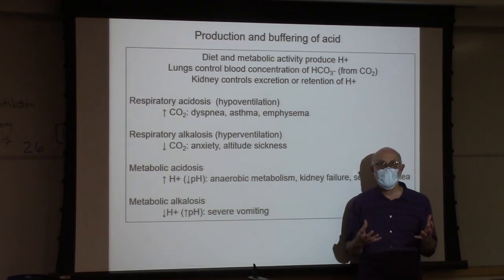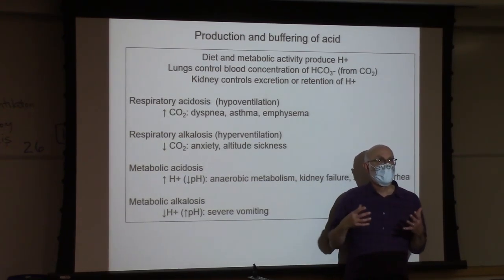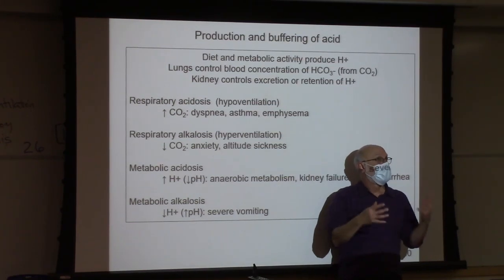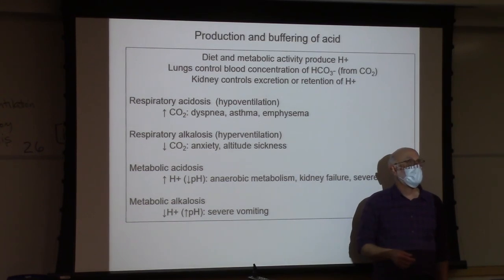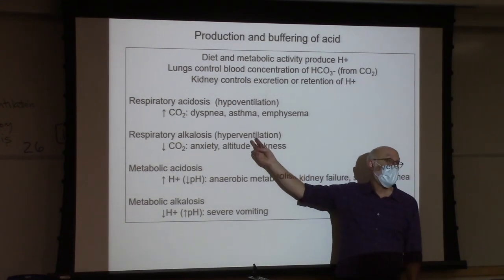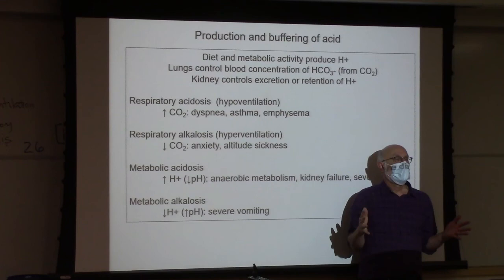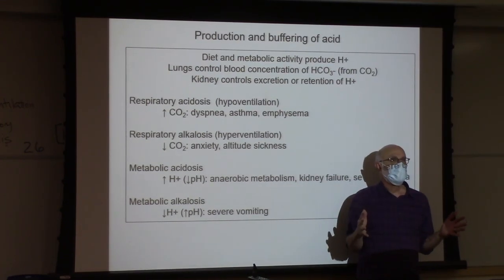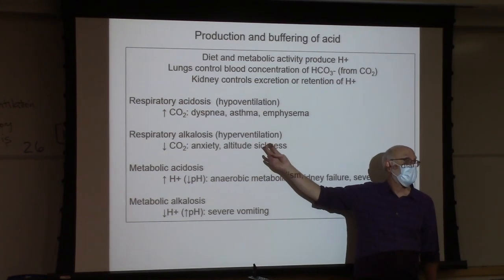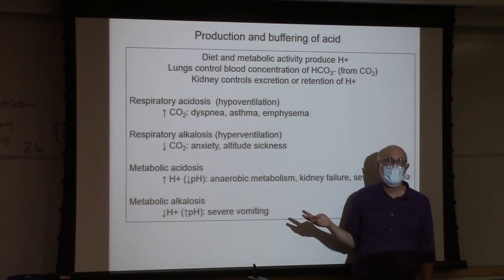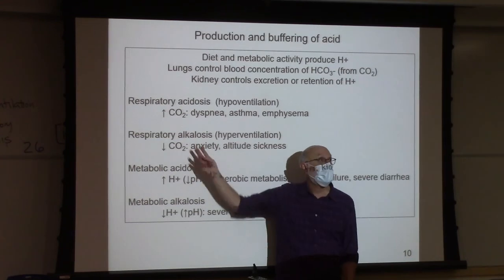Low partial pressure of oxygen would say, I need to breathe more. But you'd be blowing off more CO2 than you need to. If you're just sitting at 15,000 feet and you're breathing real fast, you're hyperventilating with regard to pH. Not with regard to oxygen, but with regard to pH. And so that can cause respiratory alkalosis.